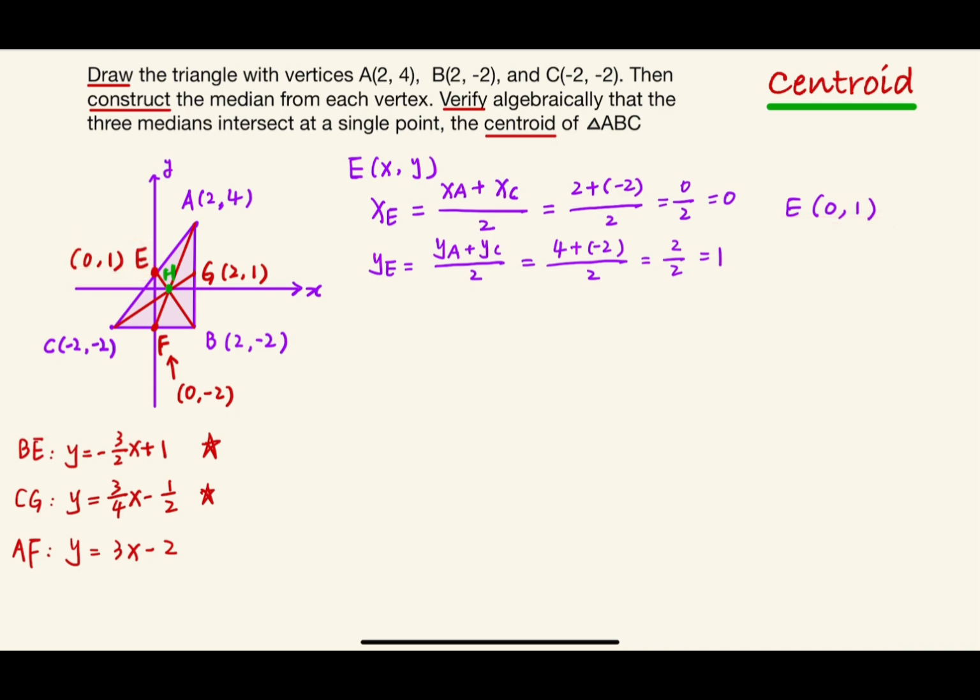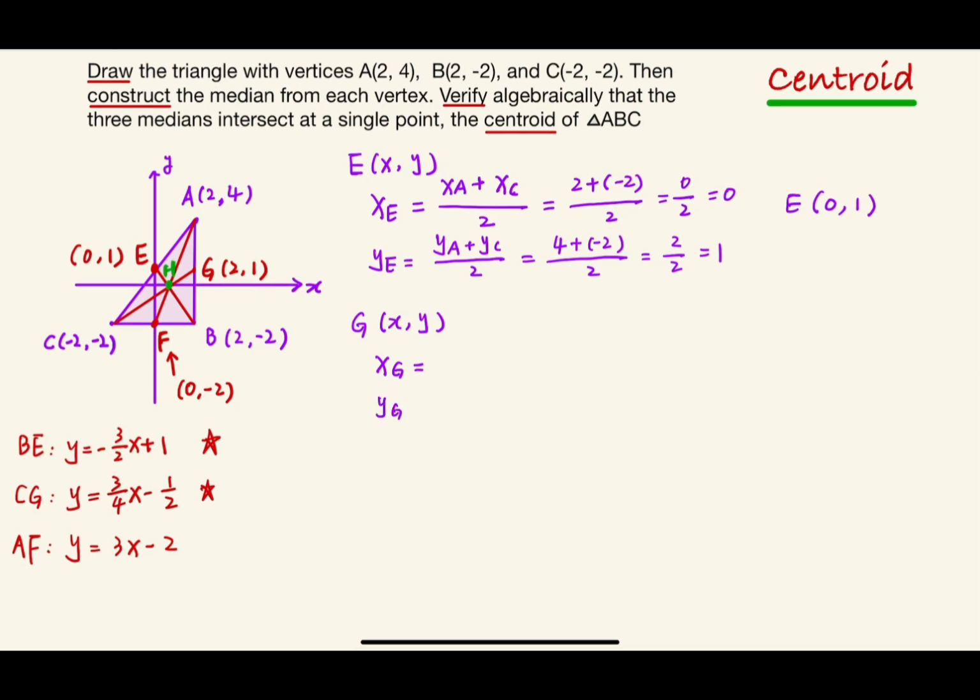Similarly, we can figure out point G, its x-coordinate and y-coordinate. We can make use of the midpoint formula: xA plus xB divided by 2, yA plus yB divided by 2.